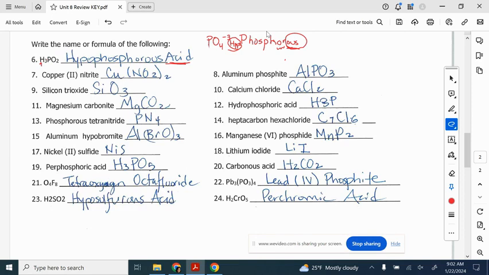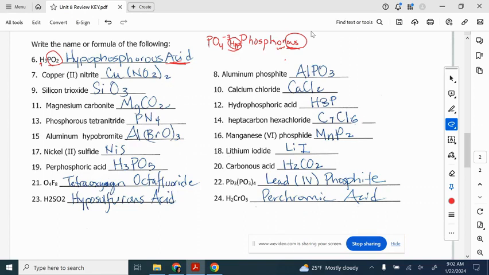If it does, then it's going to be an acid. Then you've got to figure out if it has oxygen in it. If it has oxygen, then you're going to start by identifying what that polyatomic ion is. This polyatomic ion is hypophosphite, and then you change the ite to ous to be able to get the answer.